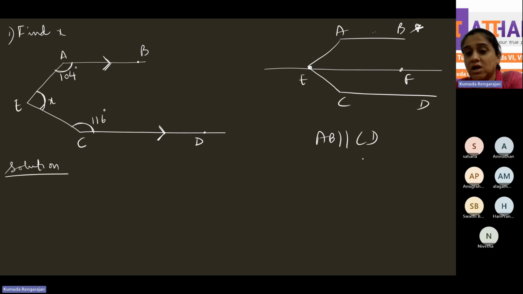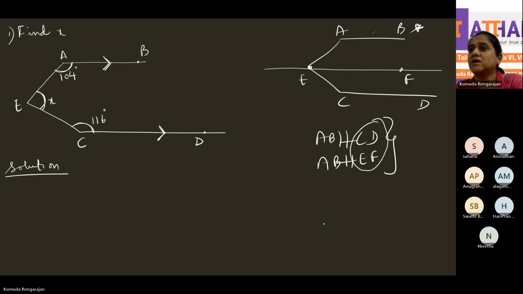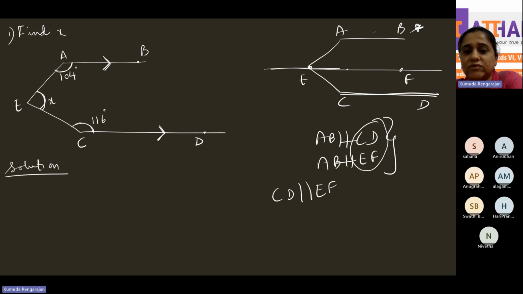Now, when you compare these two, the two lines CD and EF are parallel to the same line AB, so they are parallel to one another. Therefore, by the theorem, CD is parallel to EF.